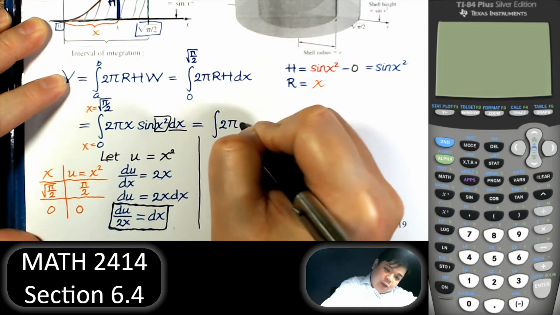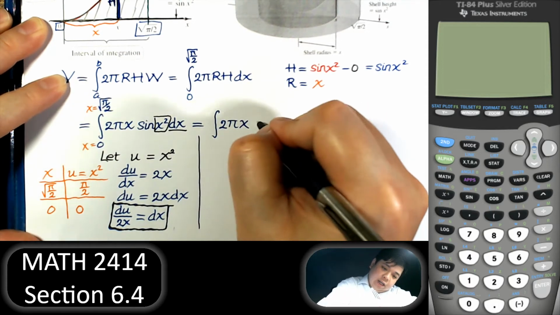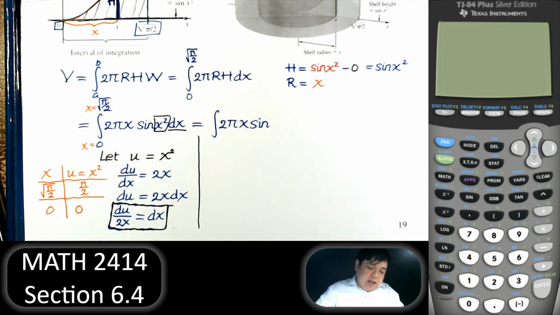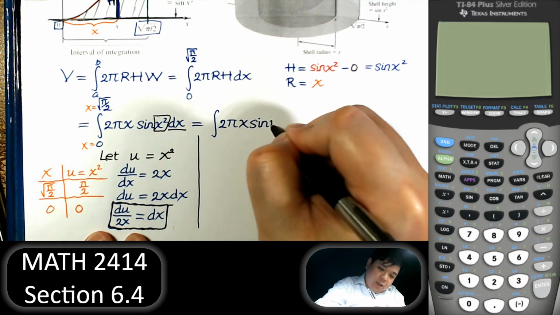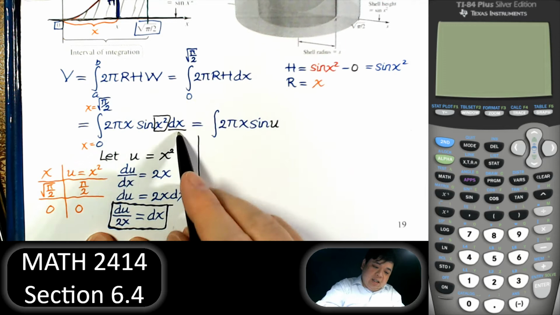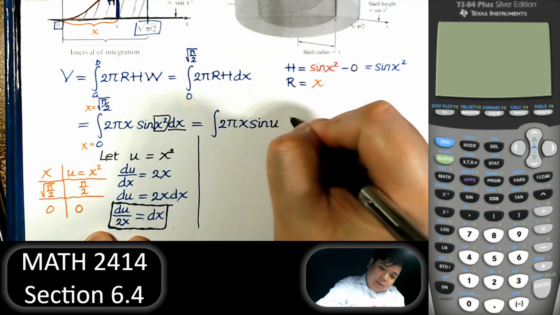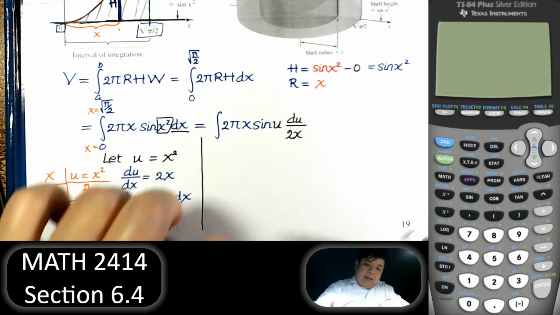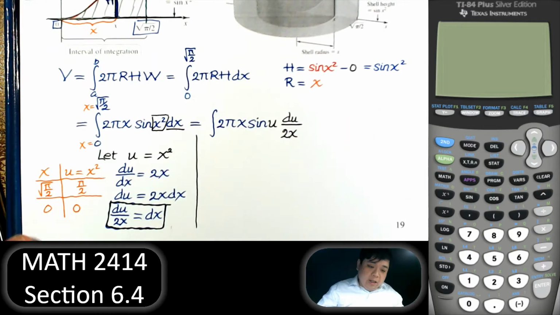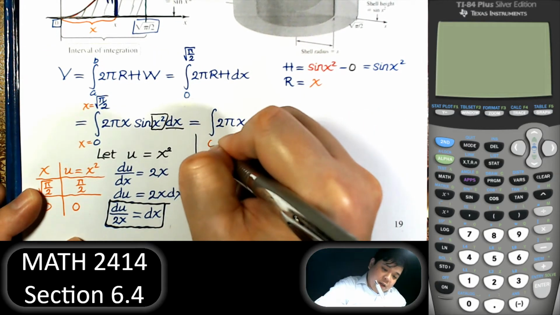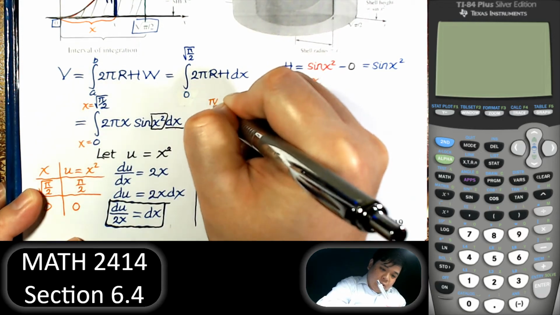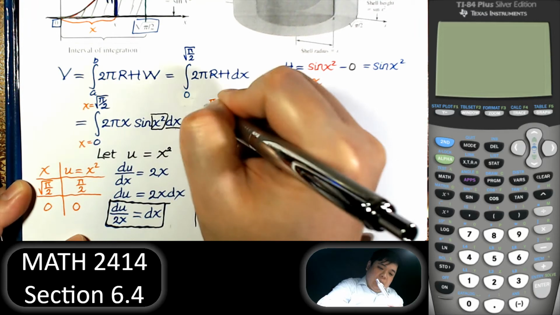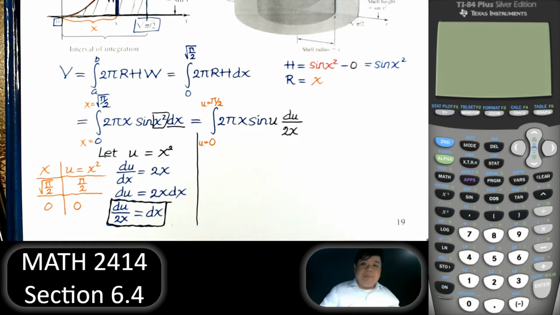Two pi x is still there, sine of x squared is going to be u, and dx is du over 2x. Now since we have u, the limits are going to be from 0 to pi over 2. That will be limits for u.